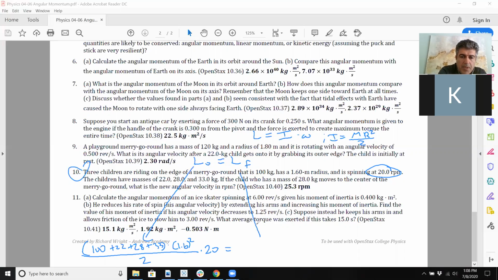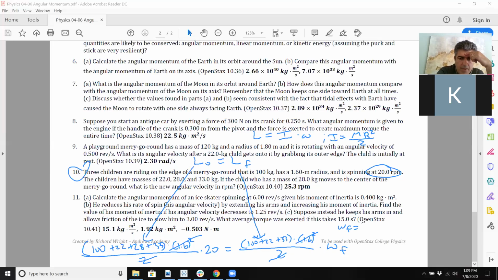Final velocity will be the new mass. So the 28 kilogram kid is moving in. So it's 100 plus 22 plus 33 times 1.6 squared over 2 and times the new final omega. Fortunately, something cancels from each side. And then you want to solve for omega f.